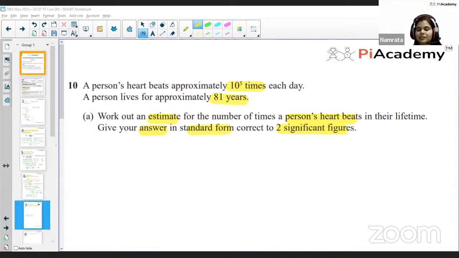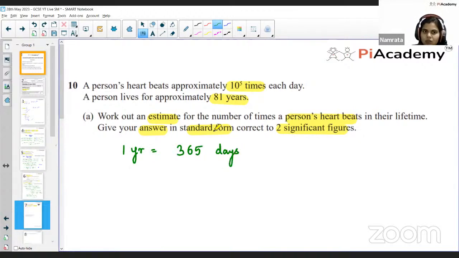Okay, so let's start discussing. So we all already know that 1 year consists of 365 days. Yes, we are excluding the possibility of this being a leap year, right now. So 1 year is 365 days. Now a person lives for approximately 81 years.